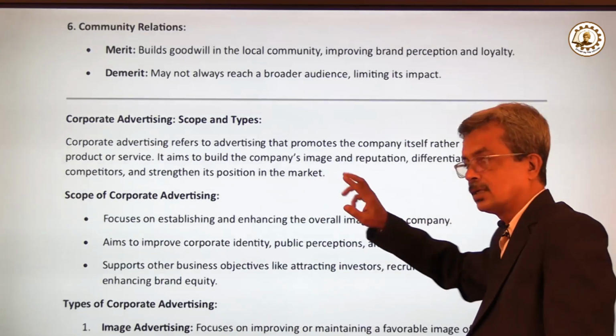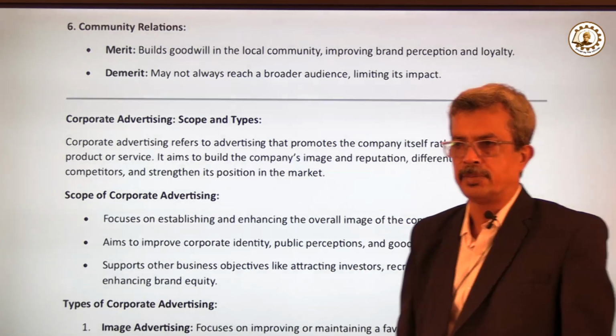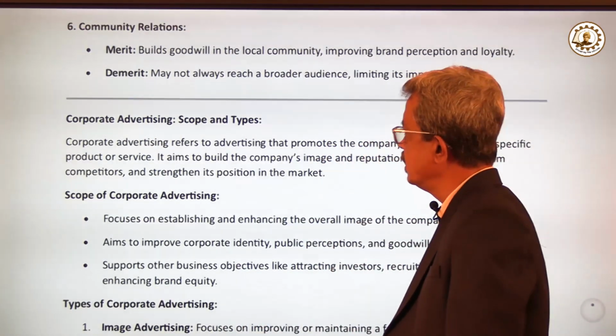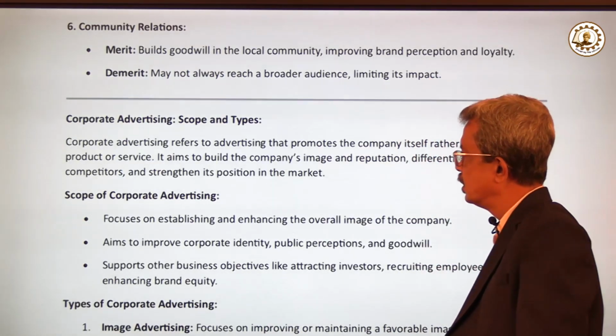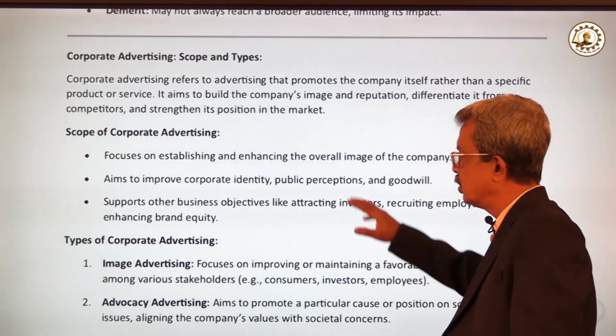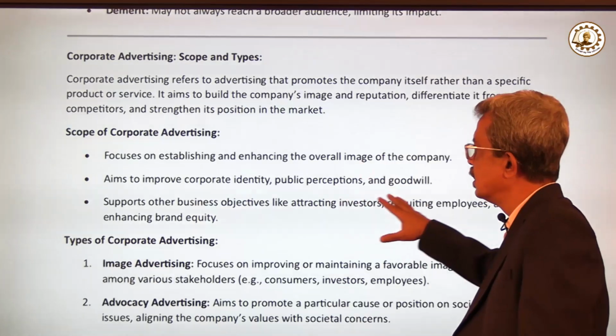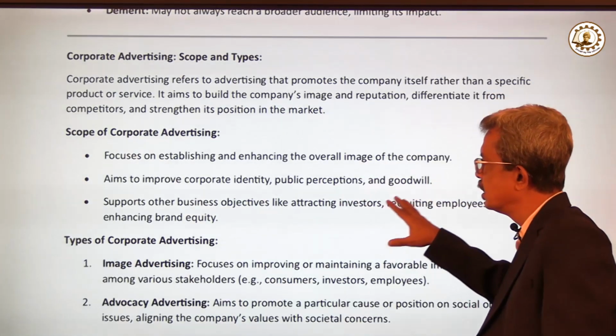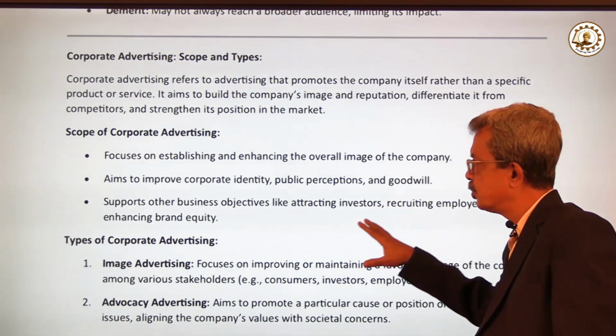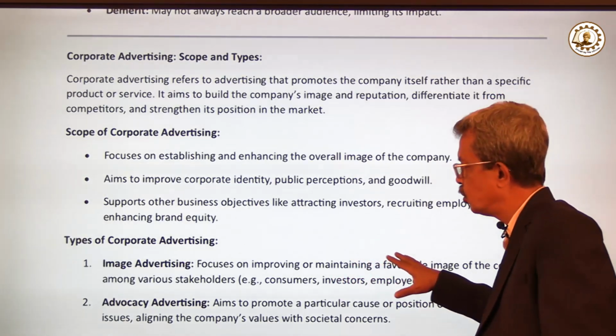Now, coming to the third part of the question, if you remember, they talked about corporate advertising, the scope and types. So for the scope, you talk about analysis, establishing and enhancing the overall image, aiming to improve corporate identity, and supporting other business objectives. That is the scope.